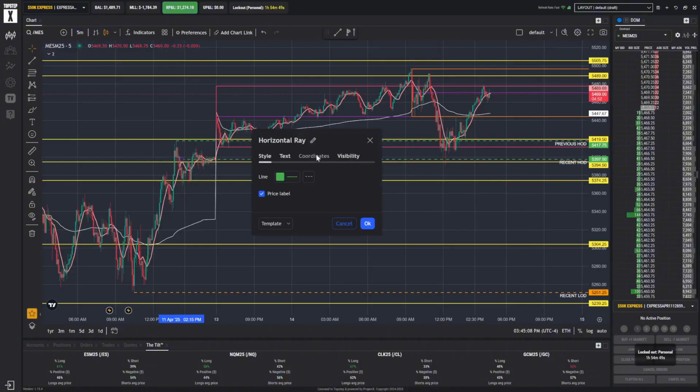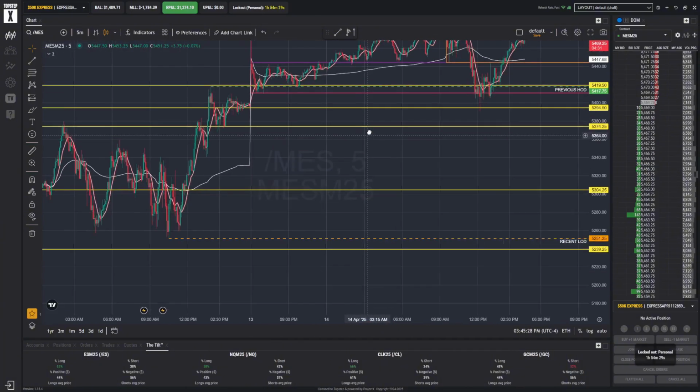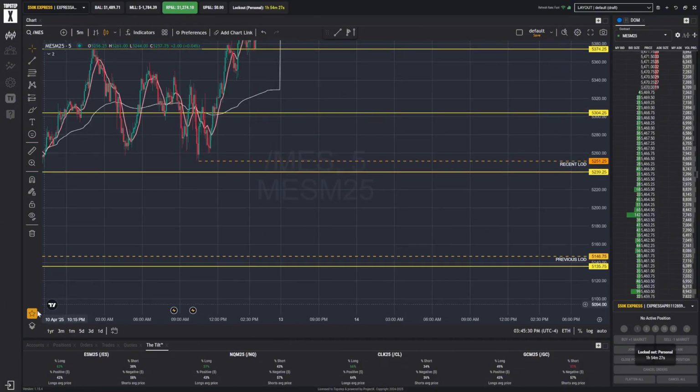Double click here. What you do to one, you gotta do to the other side. All right, we got that. Now we just make sure we align it accordingly. Done.